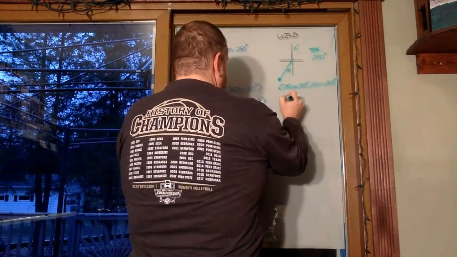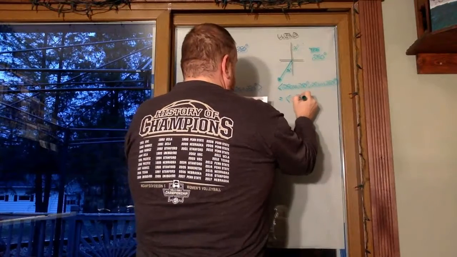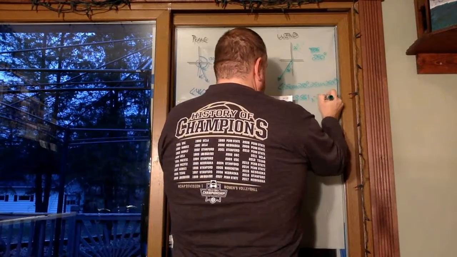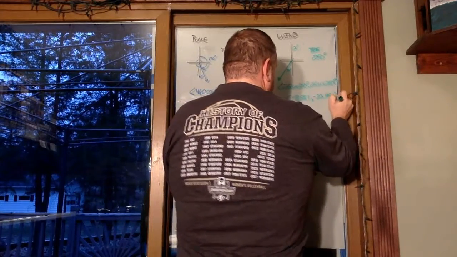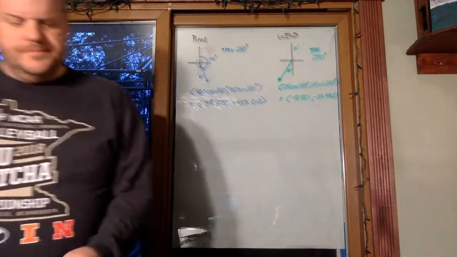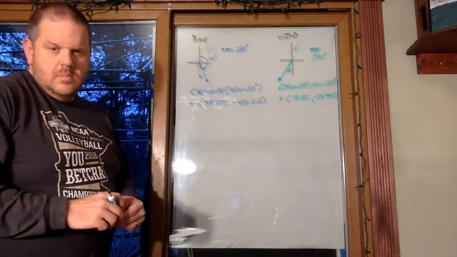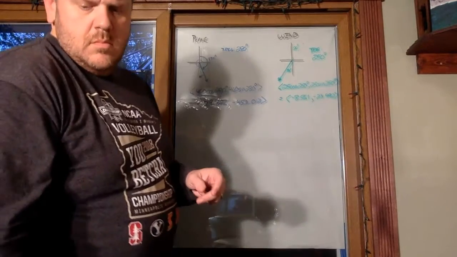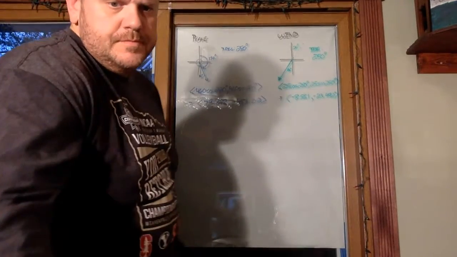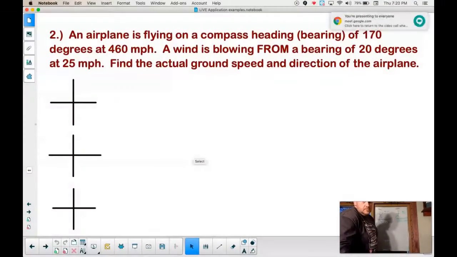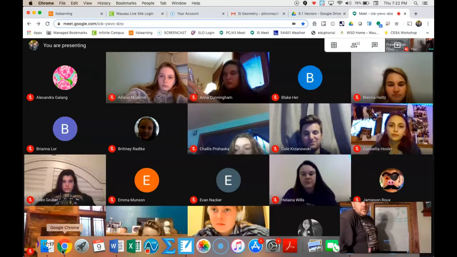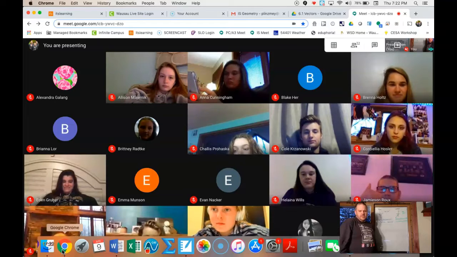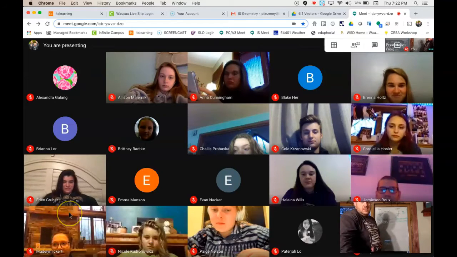So then that would be negative 8.551, comma, negative 23.492. All good with those? Anybody not okay with those? Okay.